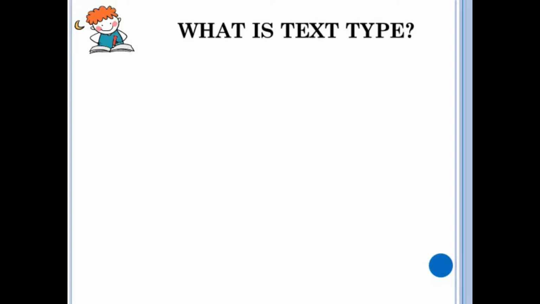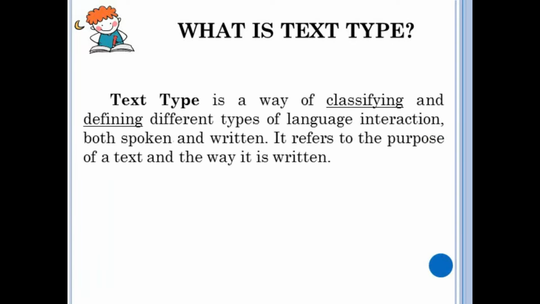What is text type? Text type is a way of classifying and defining different types of language interaction, both spoken and written. It refers to the purpose of a text and the way it is written. There are different text types.